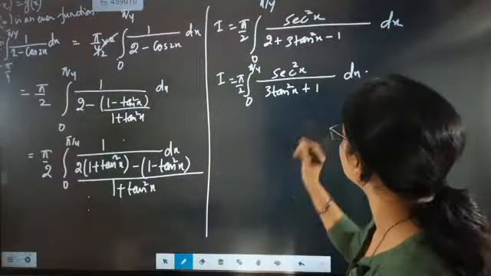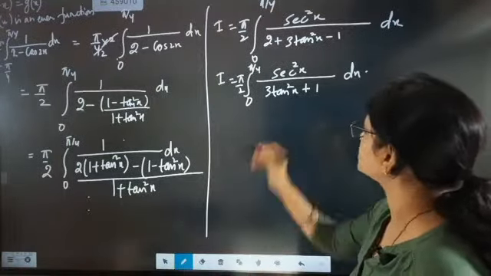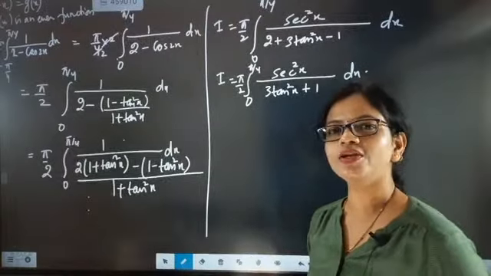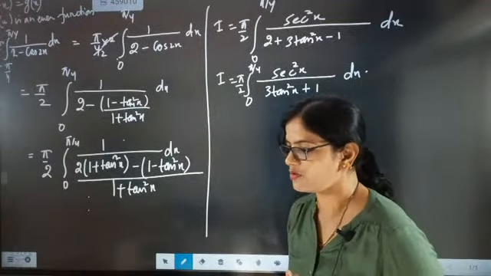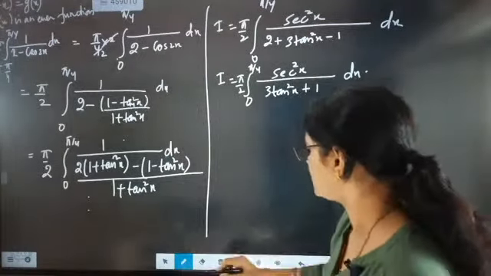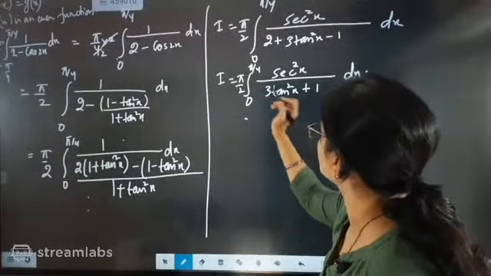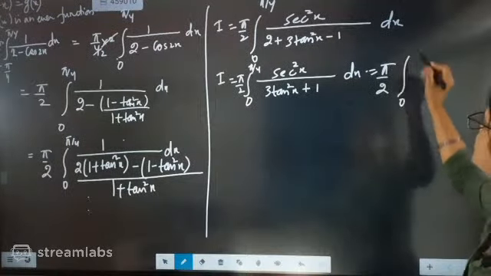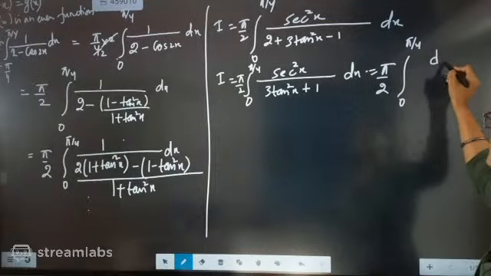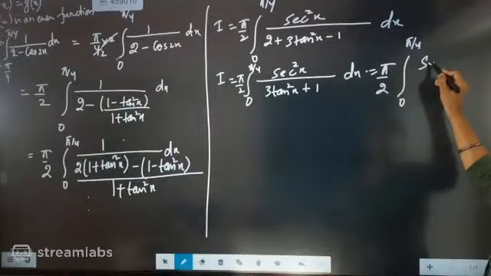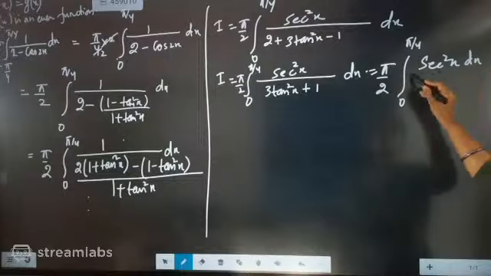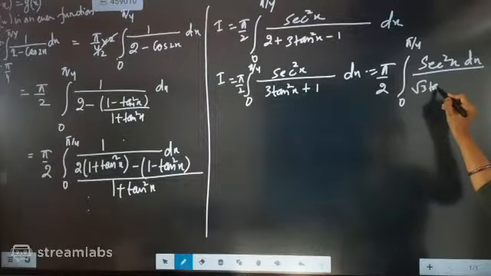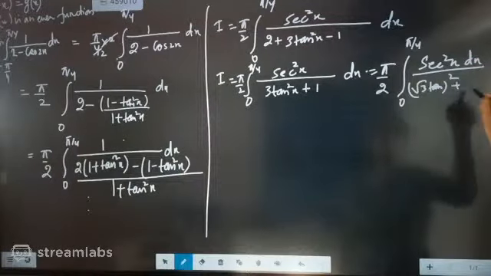So now I want to take this one total as t. If I take total t, it is not going to create more problems for us, but it will help the problem to solve. Only one step more I have to write, and that is pi by 2, 0 to pi by 4 for beginners. Otherwise you can directly take it, secant square x dx. Now this part will become root 3 tan x whole square plus 1.